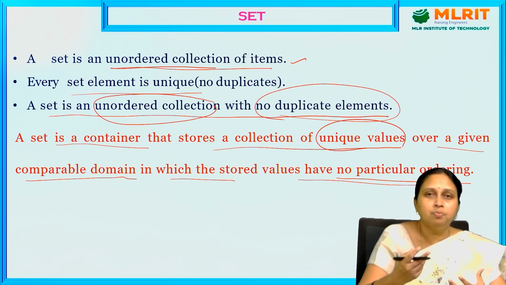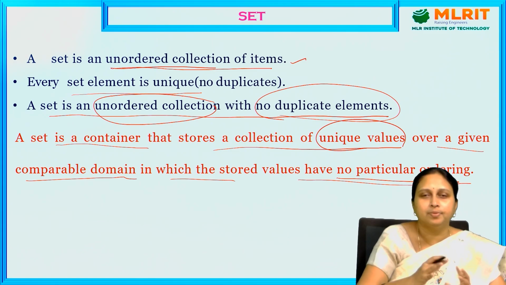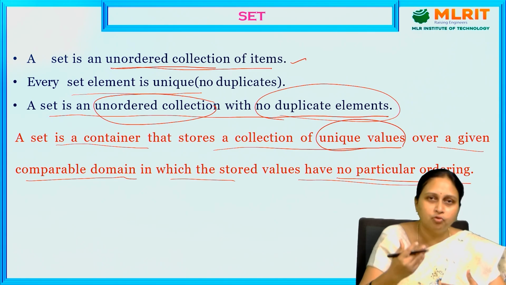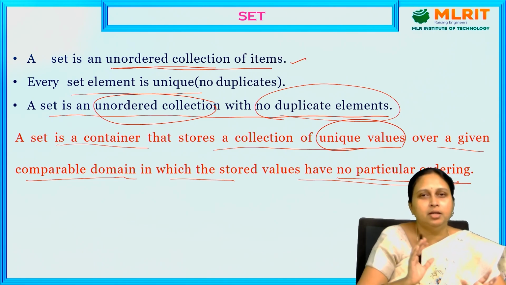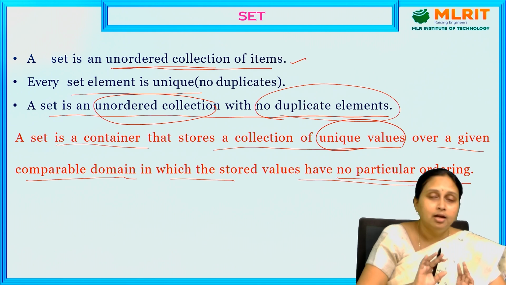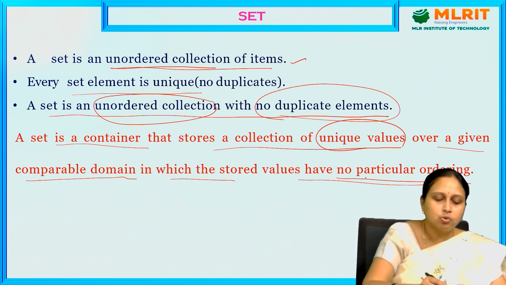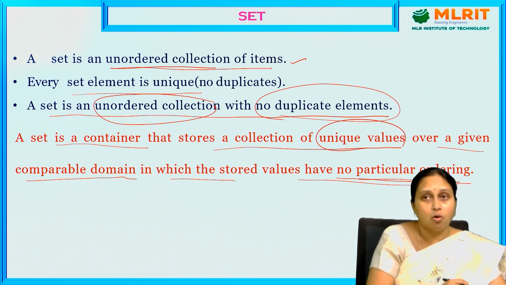When I try to print those set values, it will be in a different order. We can't call it sorted order. If I run it once again, the order will be shuffled again. That's why it is said that you don't have any particular ordering.